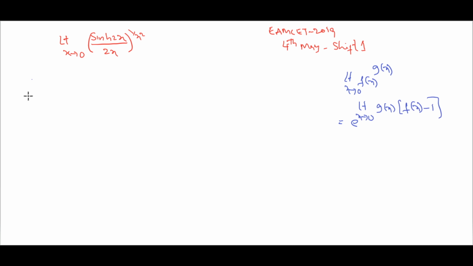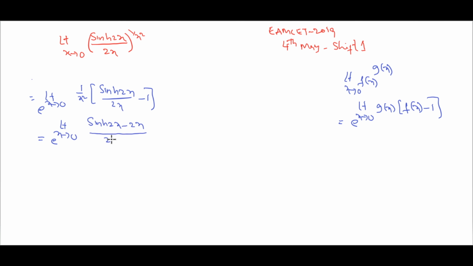Applying this formula, that is e to the power of limit x tends to 0, (1/x²) times (sinh 2x / 2x minus 1), which equals e to the power of limit x tends to 0, (sinh 2x minus 2x) / (2x³). Substituting x tends to 0, sinh 0 is 0, 0 minus 0, so 0 by 0.